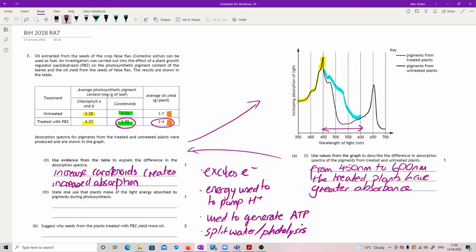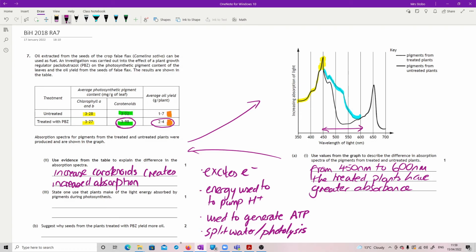Okay. Suggest why seeds from the plants treated with PBZ yield more oil. So what we've got is you bringing together everything that's on this table and this graph, worth 2 marks. But again, they're not that hard to get. The first mark is for recognizing that if you've got increased absorption of light, you would get an increased production of carbohydrates.